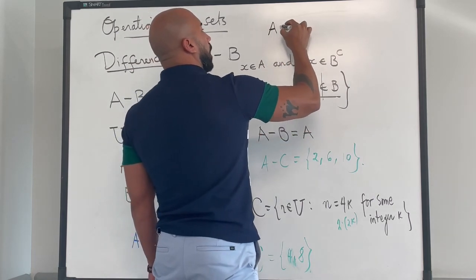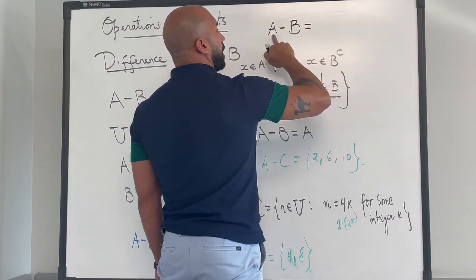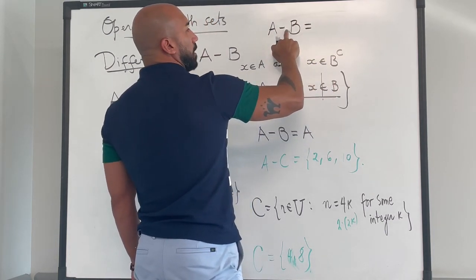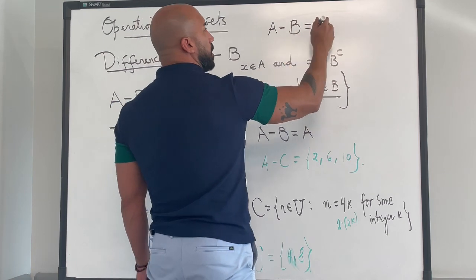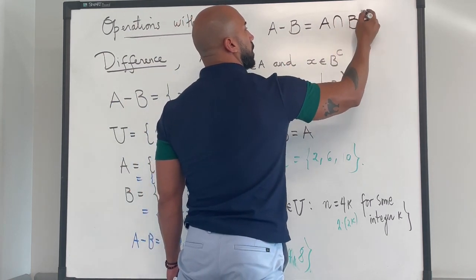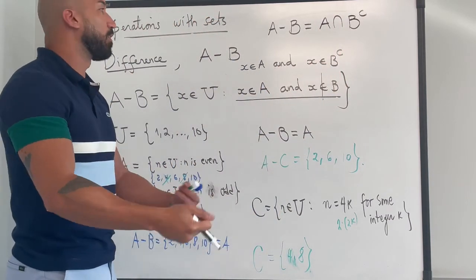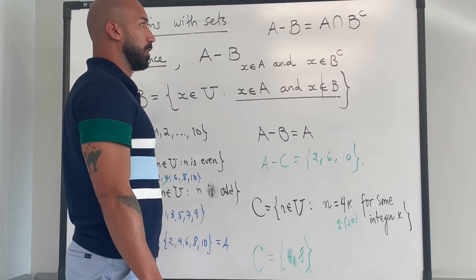So one property that we have here is that taking A difference B is the same as taking A intersection B complement. So here we have two different sequences of operations that are producing the same result.